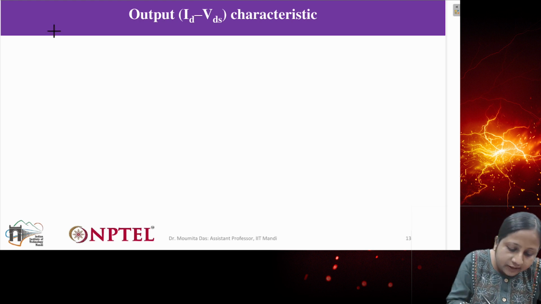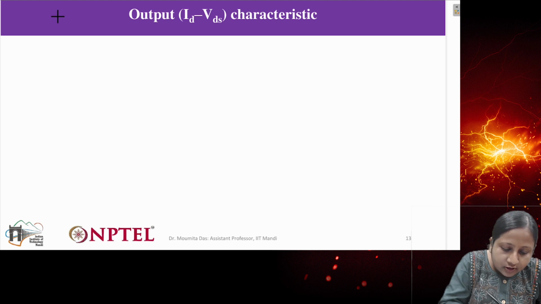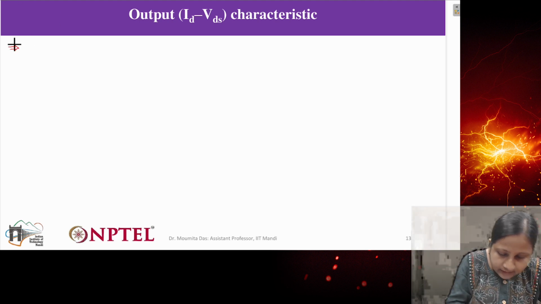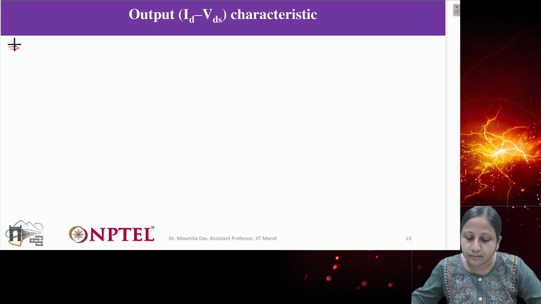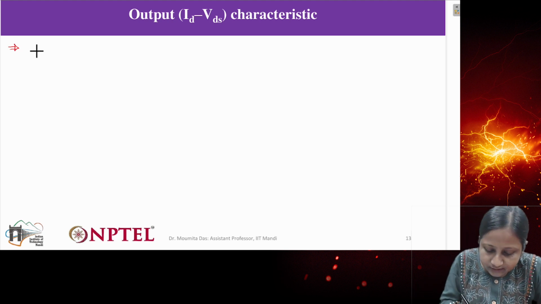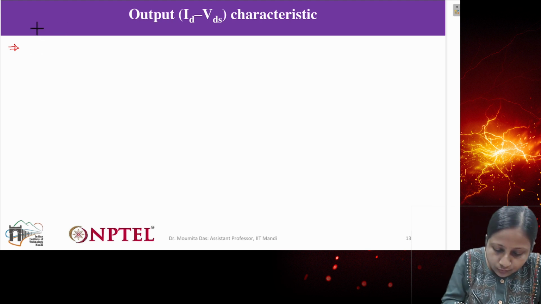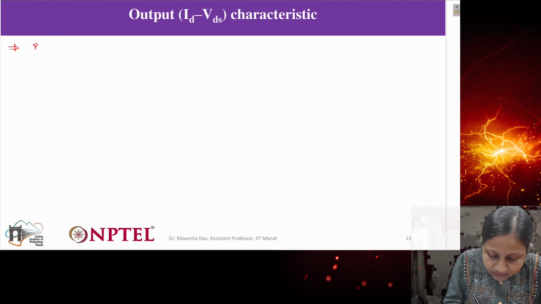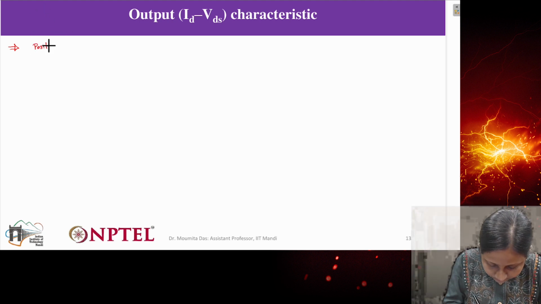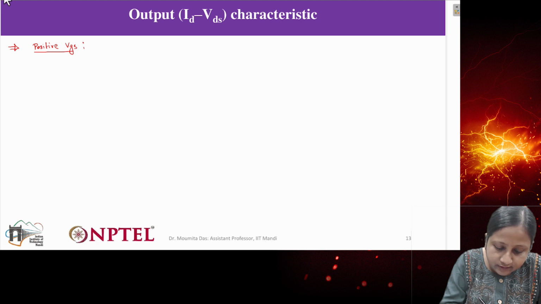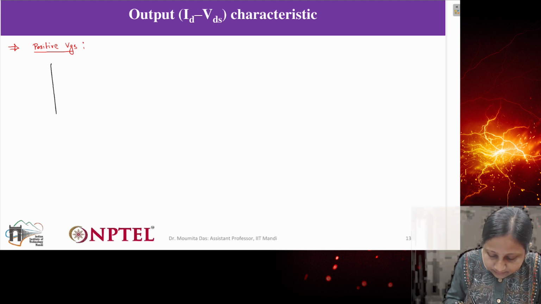So let's say first, this one characterizes ID and VDS with respect to different gate-to-source voltages. Let's consider positive VGS in this case. Now how does this characteristic look?